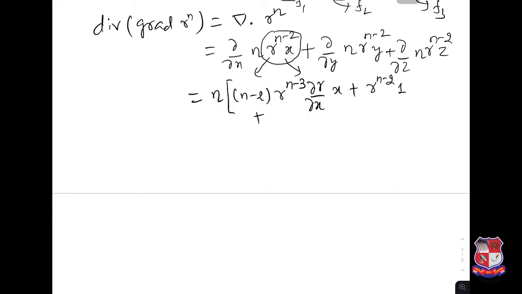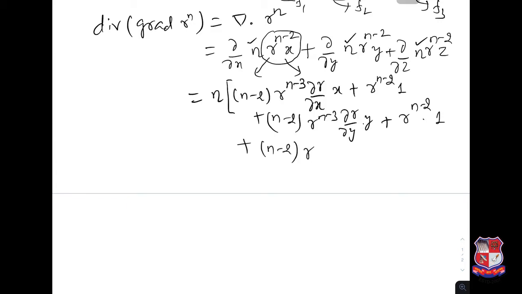So plus, we have taken n outside, so plus n minus 2 r power n minus 3 del r by del y and y as it is, plus r power n minus 2 and derivative of y is 1. Same for z, n minus 2 r power n minus 3 del r by del z into z plus r power n minus 2, derivative of z with respect to z is 1.